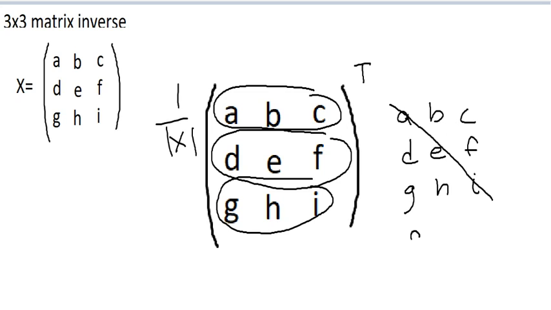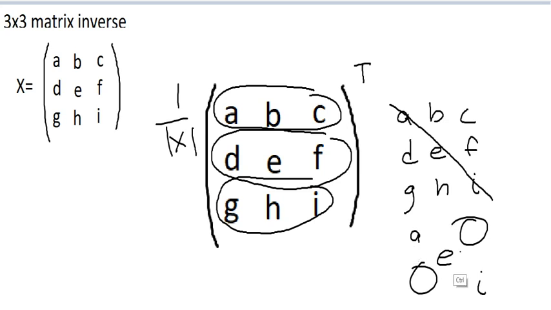Just keep these two as the same value. The middle diagonal is always the same. Reflect what's on this row in that row, this side into that side, and this to there.